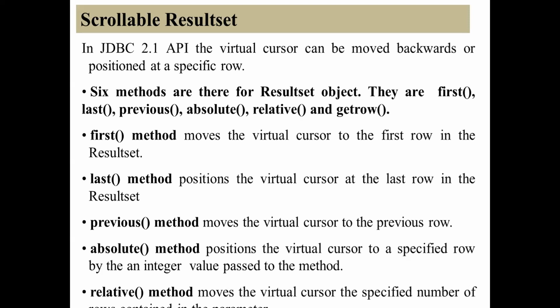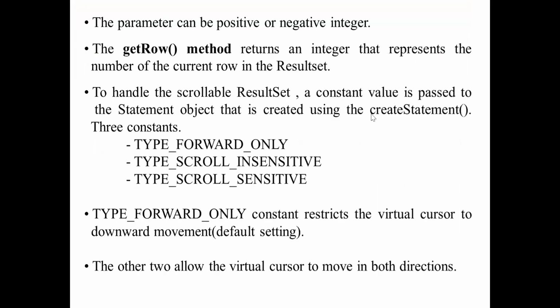The relative method means we can move the virtual cursor the specified number of rows contained in the parameter. The last one is the getRow method. The parameter may be positive or negative.